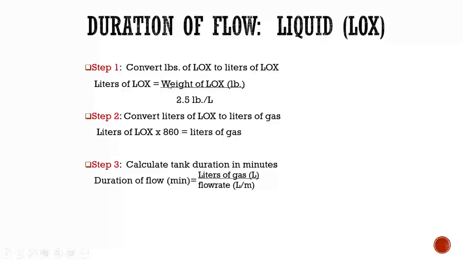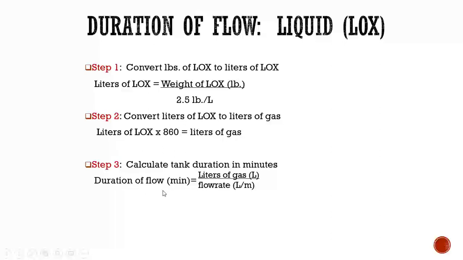You will be given a weight of liquid oxygen in your practice problem. So you take the weight that they give you and divide it by 2.5 pounds per liter. You're just getting that from that previous conversion factor. After you get that, you multiply by 860 because you know that 1 liter equals 860 liters of gas, okay?